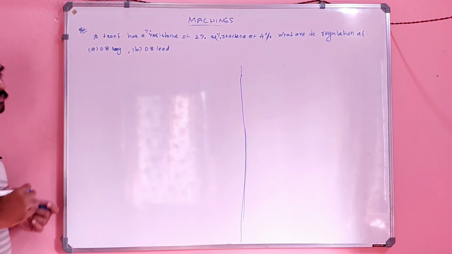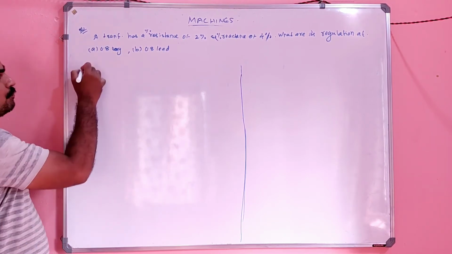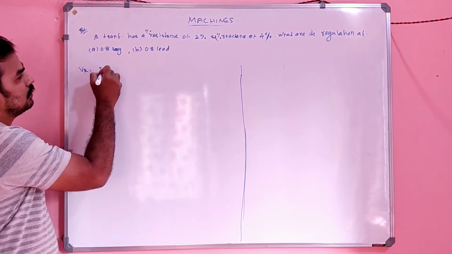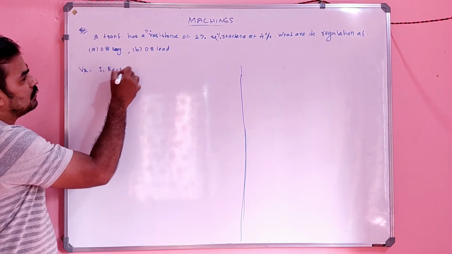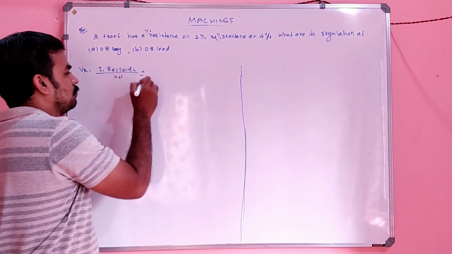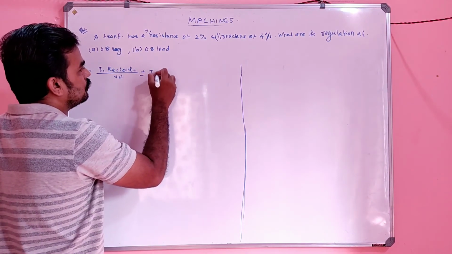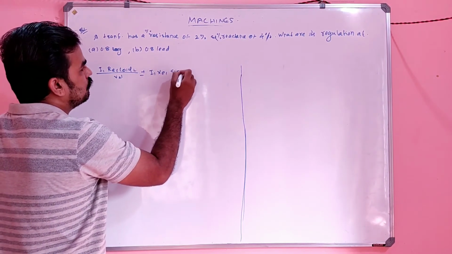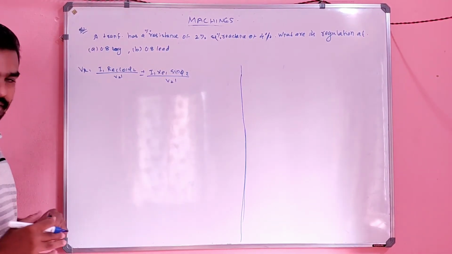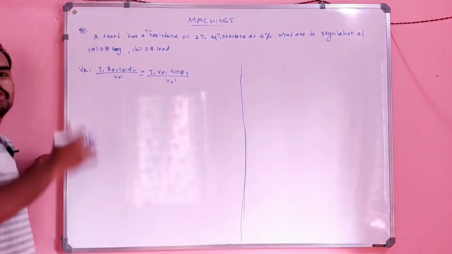How can we do this? First thing, always write the equation for voltage regulation: I1 into RE1 cos phi 2 by V2 dash plus or minus I1 into XE1 sin phi 2 by V2 dash. Then look at the question.